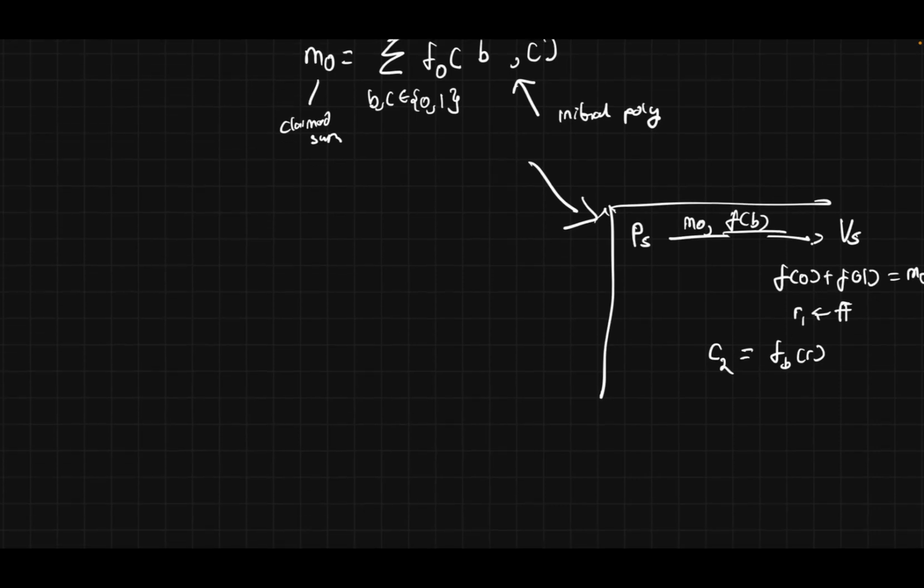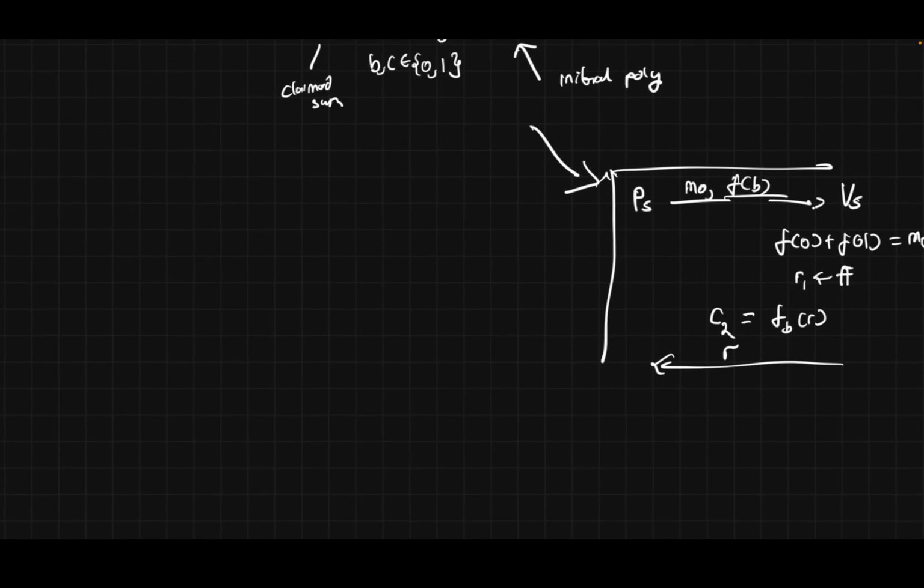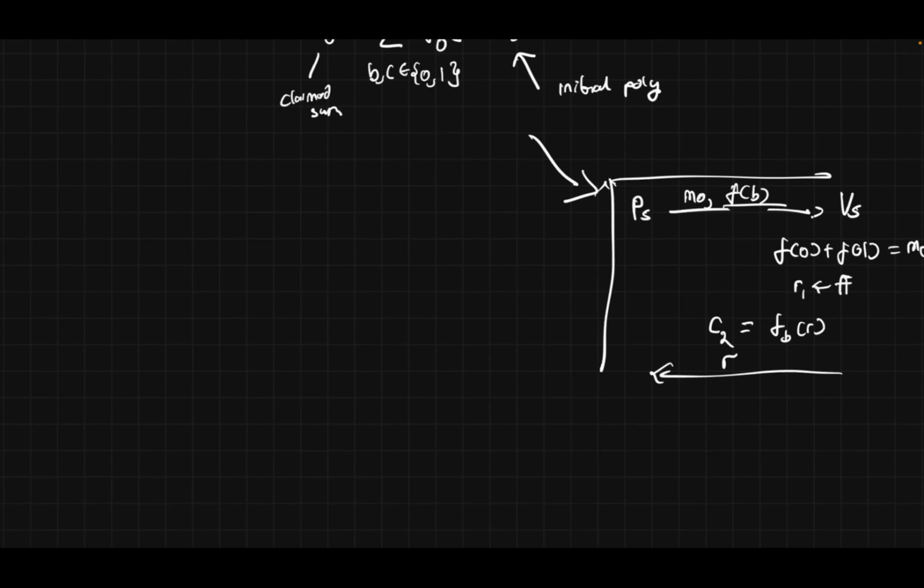Then the verifier sends this R1 to the prover, and the prover evaluates the initial polynomial, replacing B with R1. This will give us f of C. Then the prover sends f of C to the verifier. The verifier evaluates f of C at 0 plus f of C at 1, and it should be equal to the claimed sum that it generated at that time.